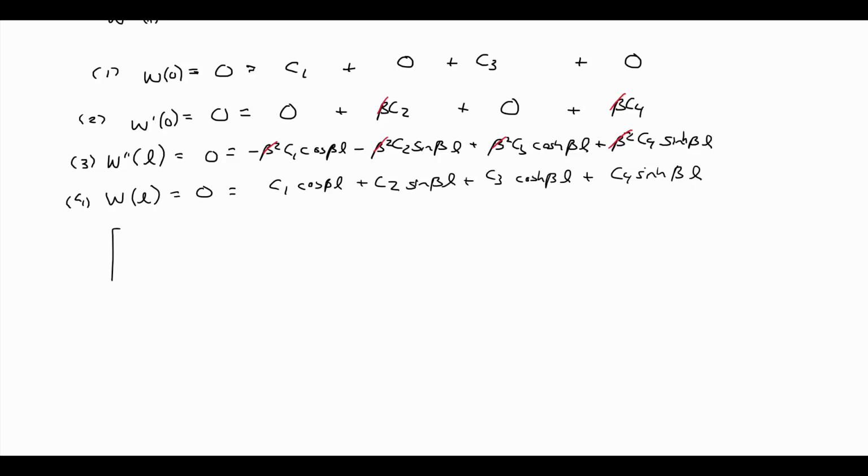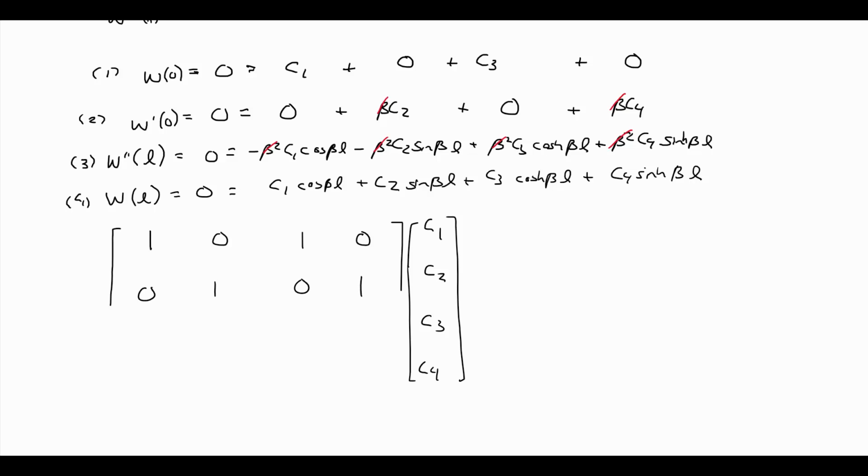From this, I want to make this A matrix, where the first three rows are going to be exactly the same when I pull out the C1, C2, C3, C4, because the first three boundary conditions have not changed. So it will still be 1, 0, 1, 0, then 0, 1, 0, 1.